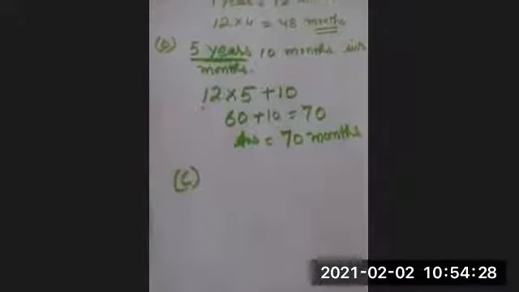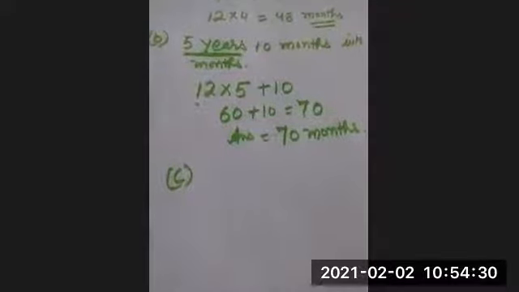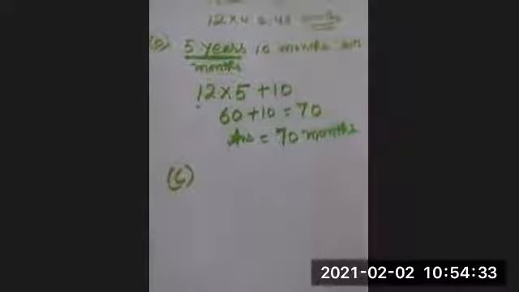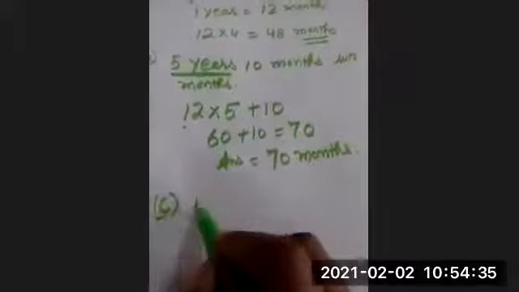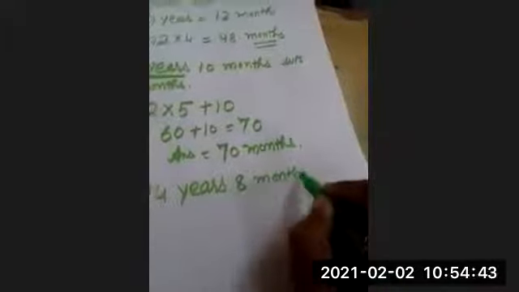Now friends, last part of this question, part C. Part C is 14 years. Convert 14 years, 8 months into months. 14 into 12 plus 8.